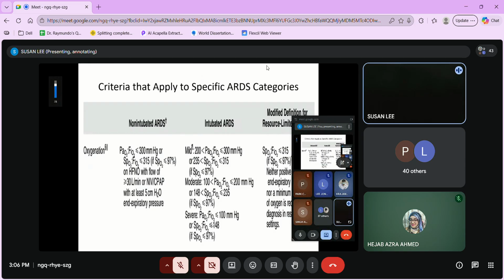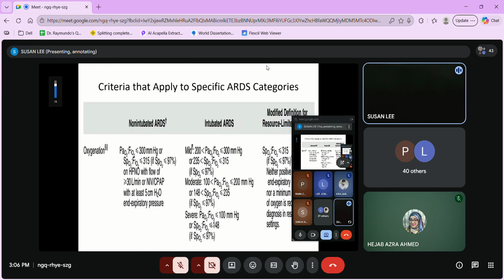For intubated patients, for mild ARDS, the PF ratio should be more than 200 but less than 300. Or you can use the oxygen saturation to FiO2 ratio, wherein it is less than 350.